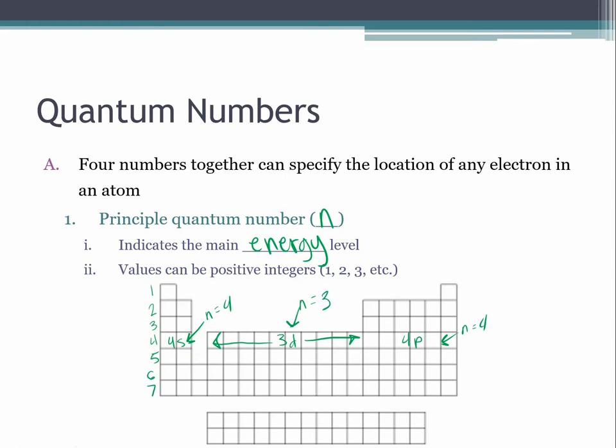There has been some evidence of elements found in n equals 8, but none of those have been proven. Theoretically possible, just not a thing yet. In this class we talk about n equals 1 through n equals 7, and the n is just the number of the subshell. If you're looking at your 4f subshell, that would be n equals 4. If you're looking at anything in the second row of your table, that's all n equals 2. Whatever the number is, that's your main energy level.